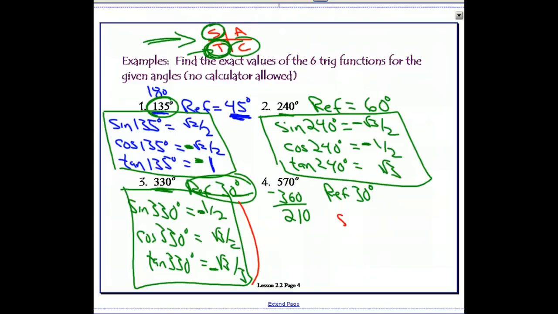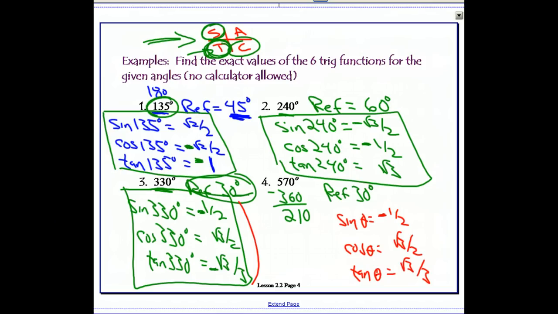So I've got my sine is 1/2. My cosine is root 3 over 2. And my tangent is root 3 over 3. And I remember I'm in the third quadrant. A smart trig.